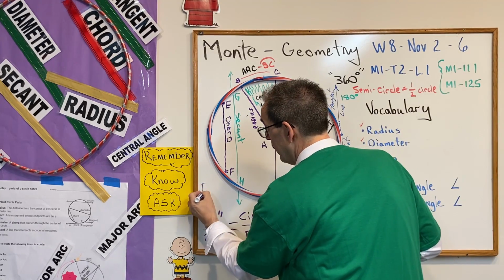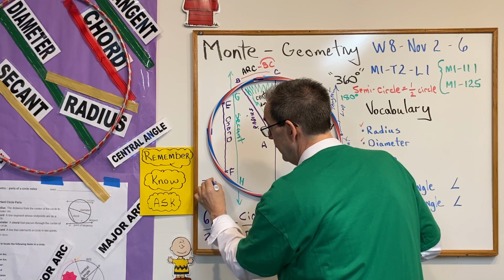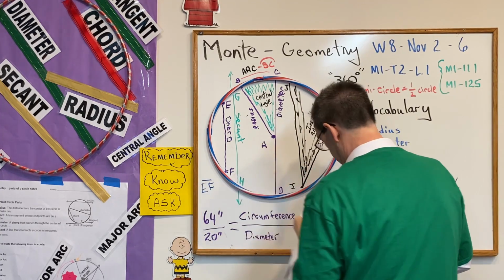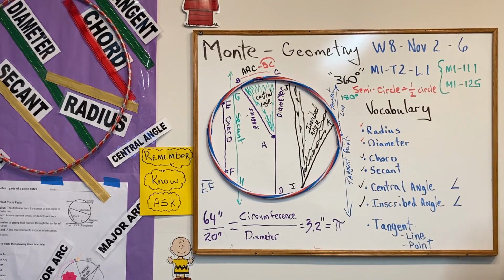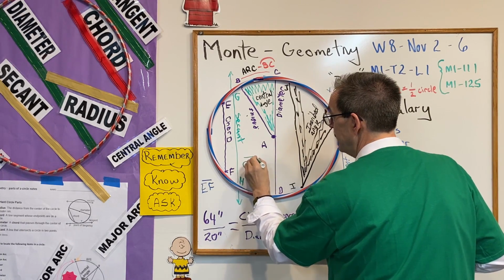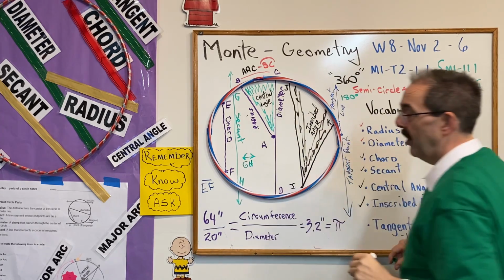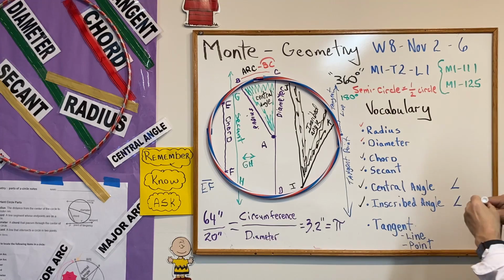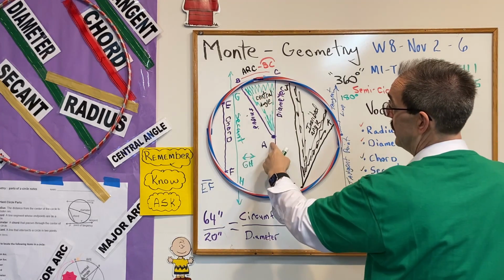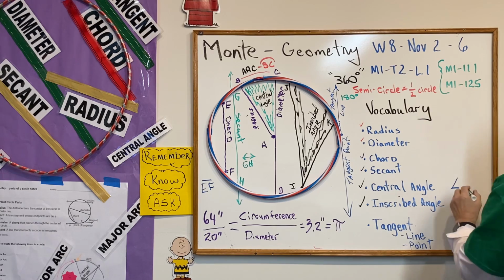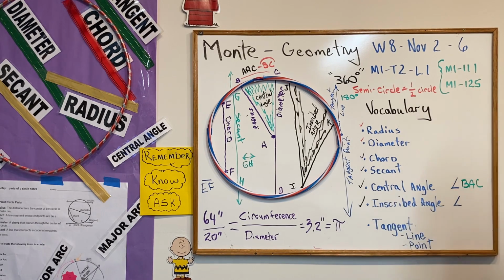EF. Segment. EF, right? A line. GH. Okay? Line. GH. Secant, right? Okay? All the different ways to write these. We have actual angles in here. So this angle BAC. Angle BAC. Angle BAC is the central angle.